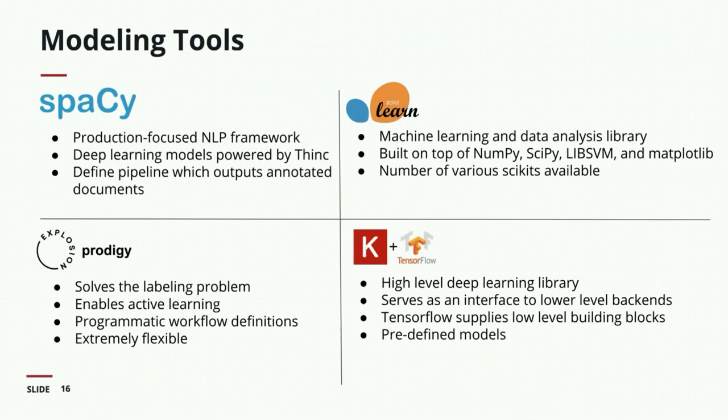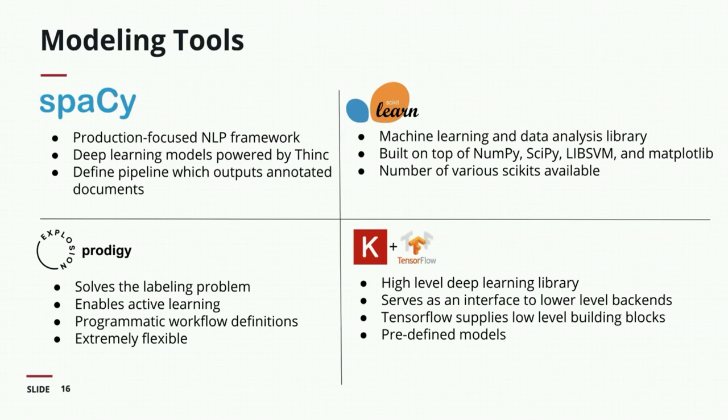Back when I made this slide originally, Keras and TensorFlow were two separate projects, but for anyone who's big into the deep learning world, you're probably aware that Keras and TensorFlow are now one thing, and that Keras now only supports TensorFlow.